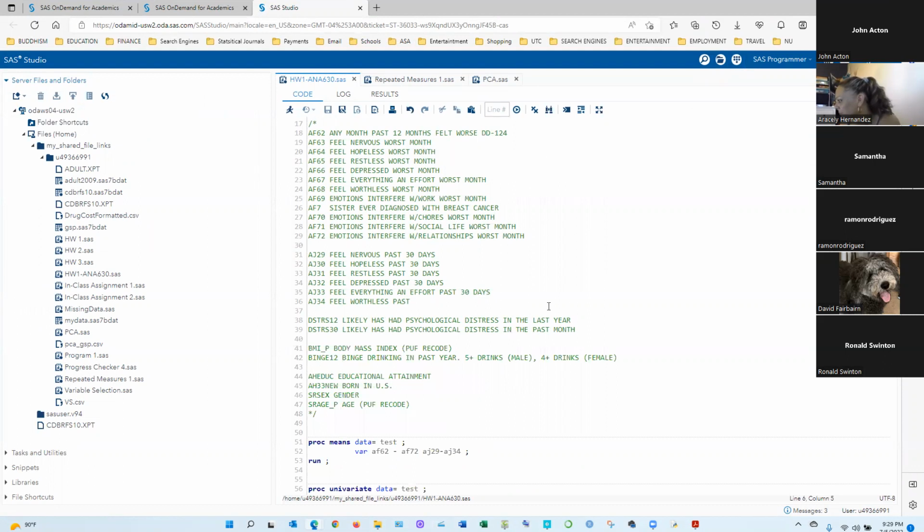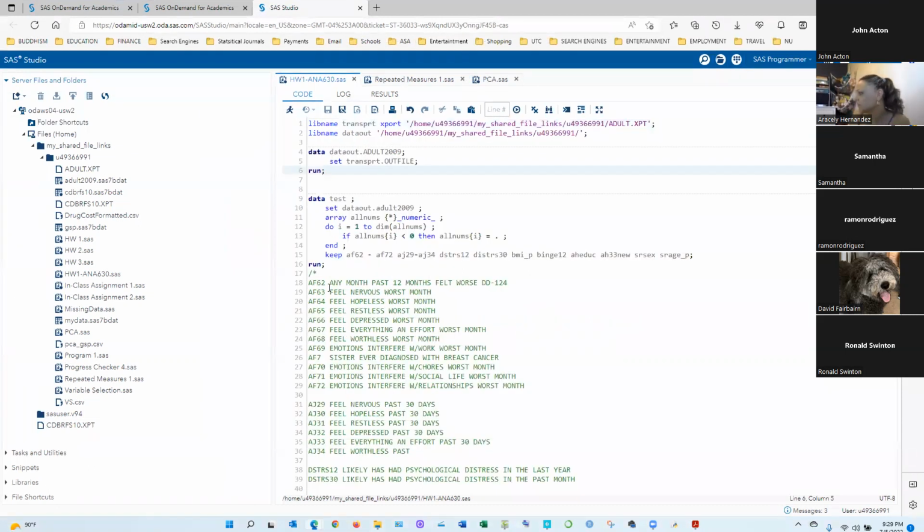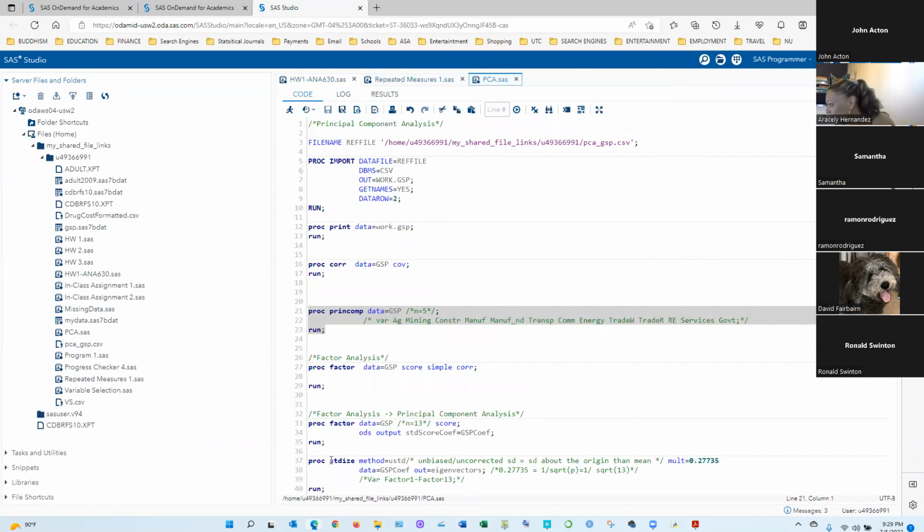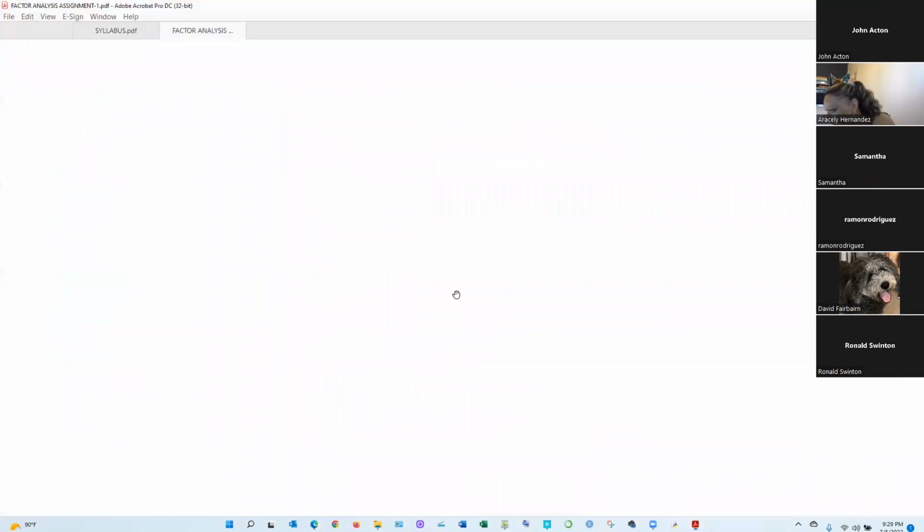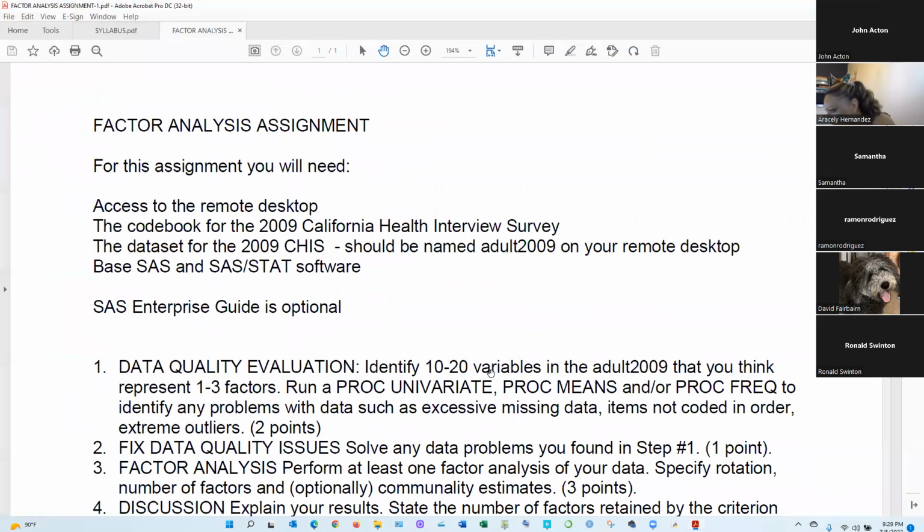So I have even that, AF62, I have already listed everything that we're talking about over here. It's not necessary to be the same variables that I'm talking about here. You can keep as many variables, different kinds of variables, for your discussion with that homework question being set up: identify 10 to 20 variables in the adult 2009.